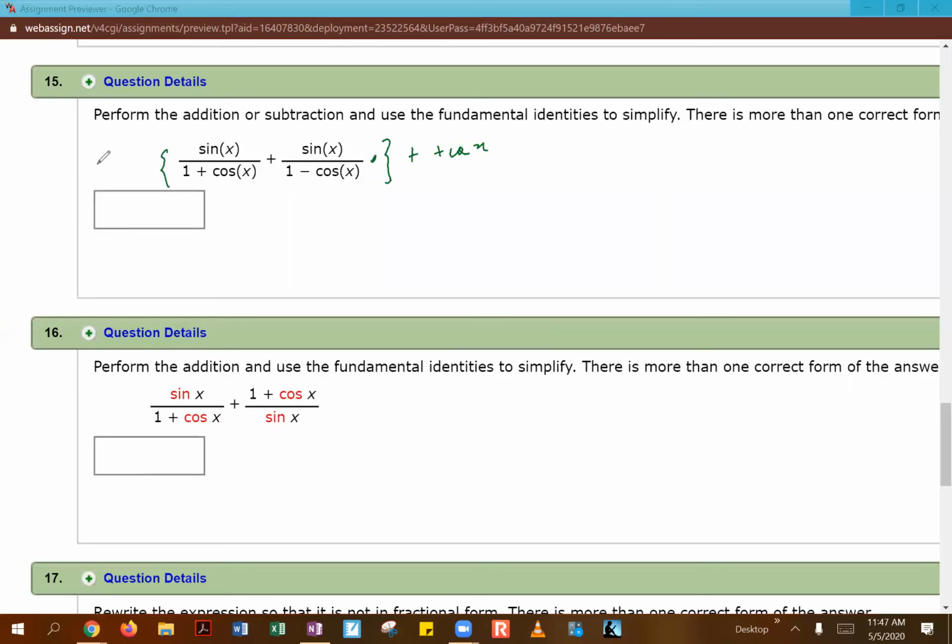This one would be multiplied by 1 minus cosine of x. Same thing here. Top and bottom, you would multiply by 1 plus cosine of x. This would be multiplied by sine of x. And then you would need to clean it up based on that. Right. Okay.